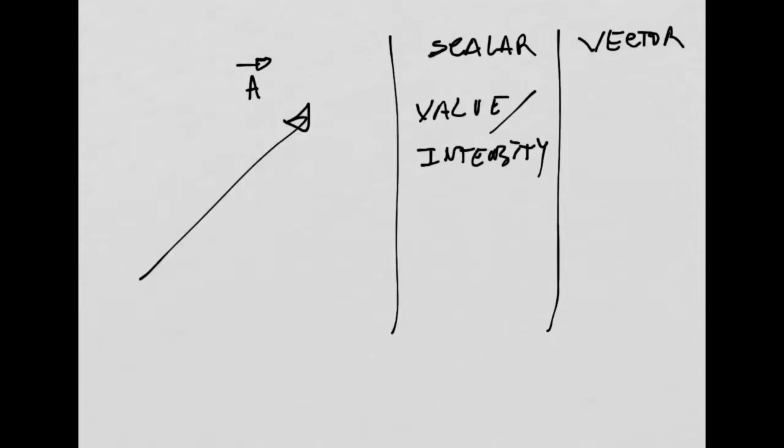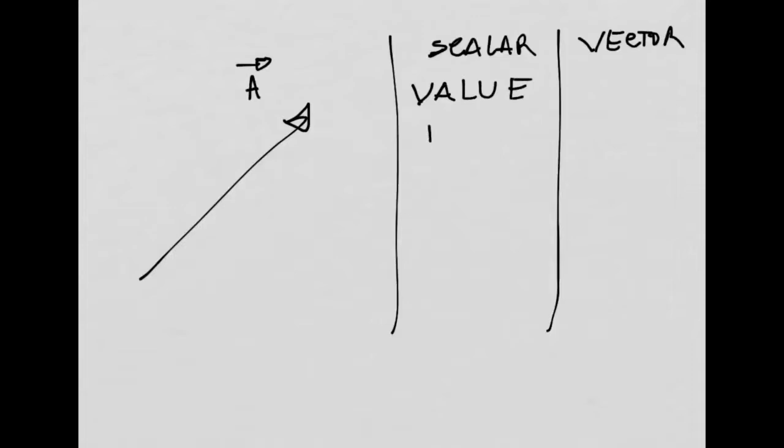Okay, let me see if I can write better, sorry. For example, if you have a velocity vector, the scalar of the velocity is going to be its value or the speed, right?